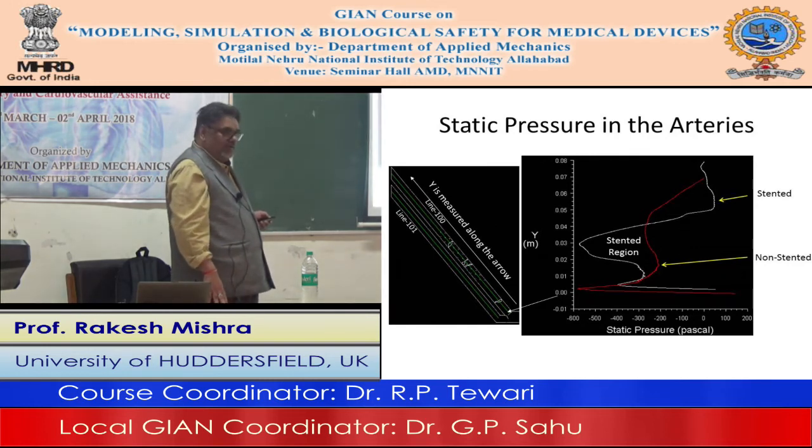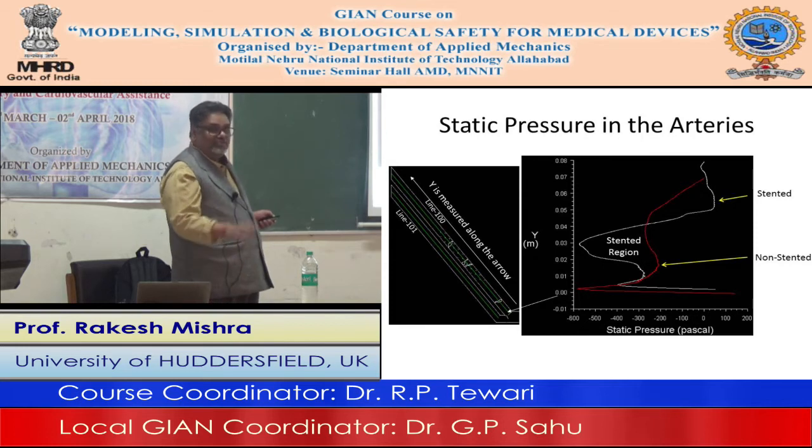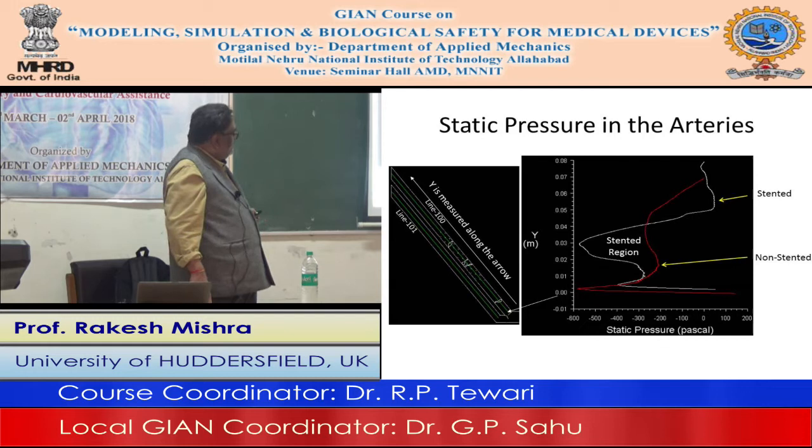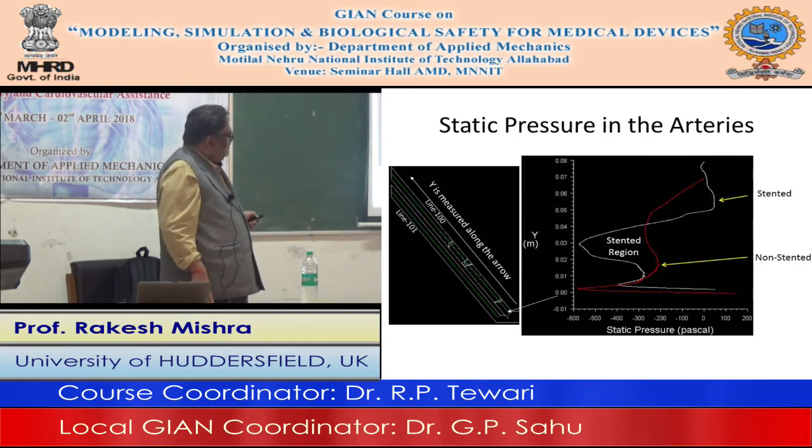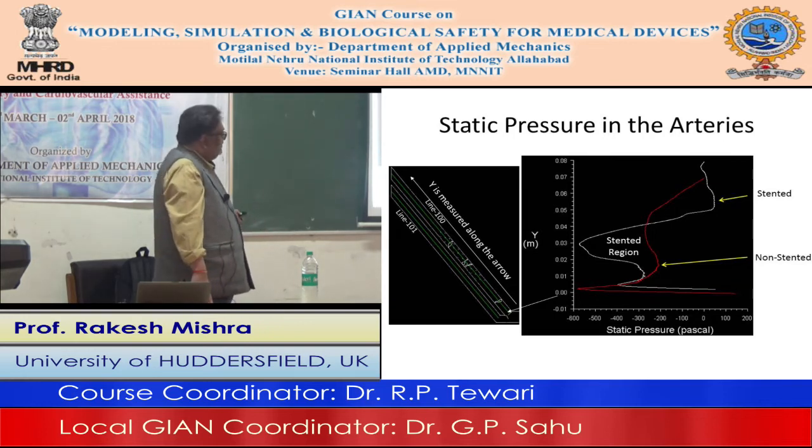Now, one step further, you can remove the stent from the artery, run the simulation when there was no stent, and plot that figure here to see the effect of the stent on the pressure field. Here there are two effects: one is the effect of the stent, the other is the effect of geometry complexity.